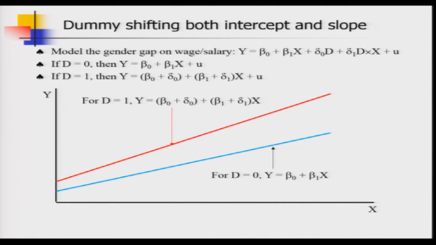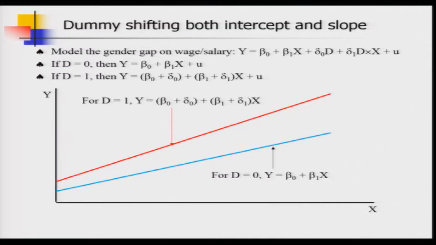So, here let us assume that delta naught and delta 1 are both positive numbers, and this is for graphical illustration of course. If I assume these two parameters delta naught and delta 1 take positive values only, then I have this new diagram.